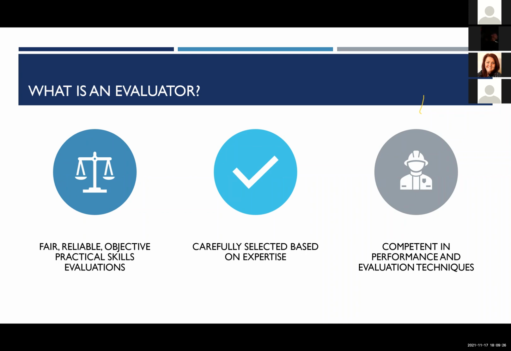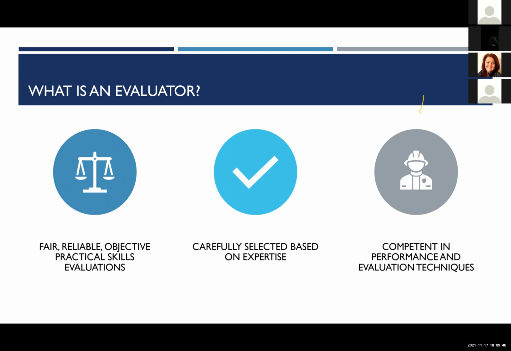They must also be competent in both the performance of and the ability to properly evaluate each individual practical skill. And this has to be ensured prior to an evaluator evaluating another person's ability to perform the skill.